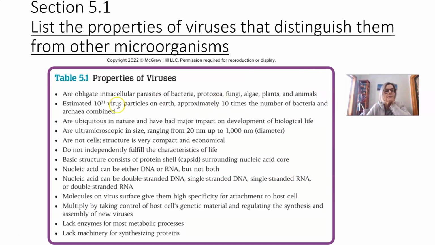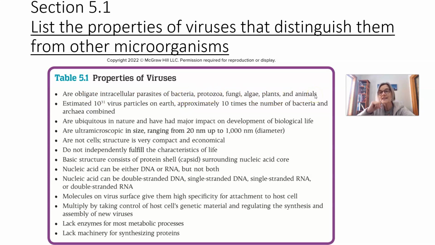And here's a table from your book, and I want you to list the properties of viruses that distinguish them from other microorganisms. There's a lot of things listed here that are all really cool, and I'm just going to point out a few that really define viruses. The first bullet here says they are obligate intracellular parasites of bacteria, protozoa, fungi, algae, plants, and animals.